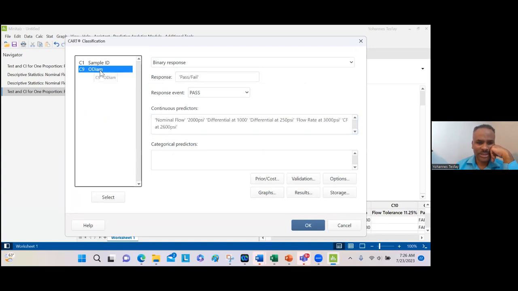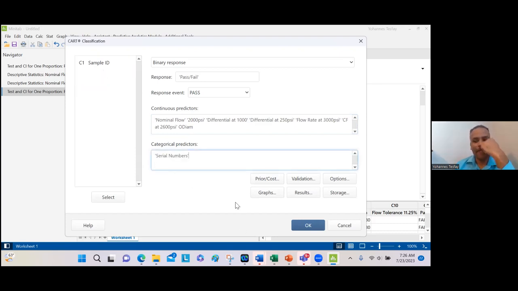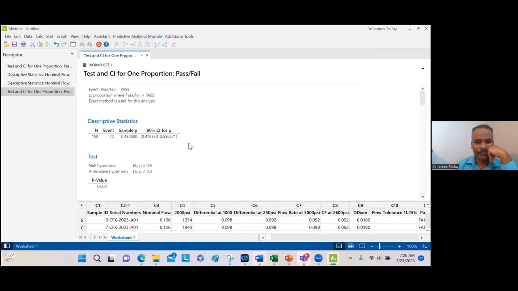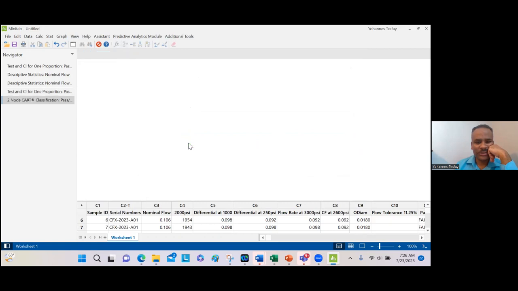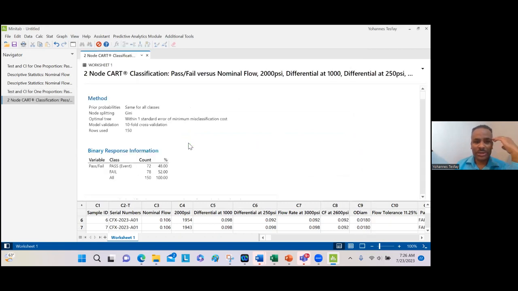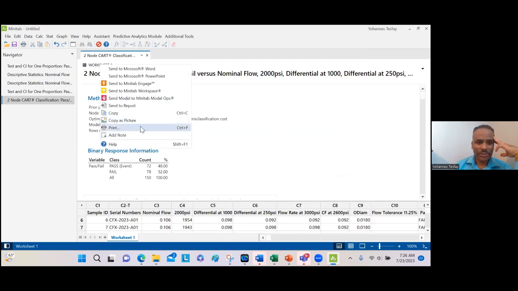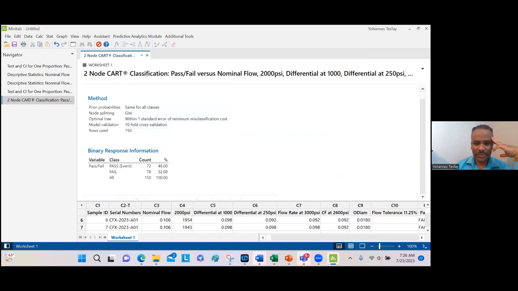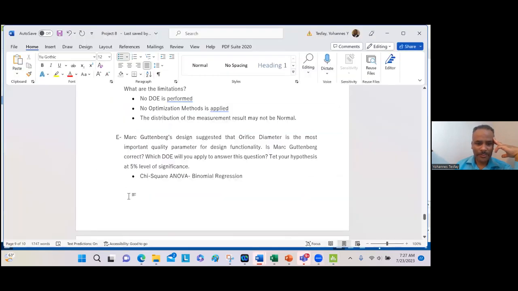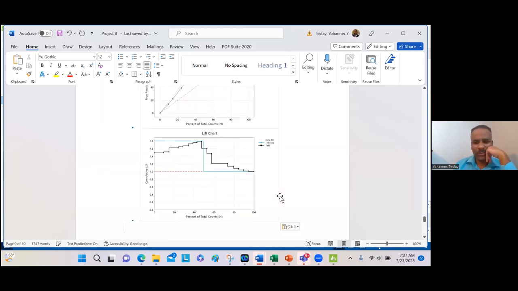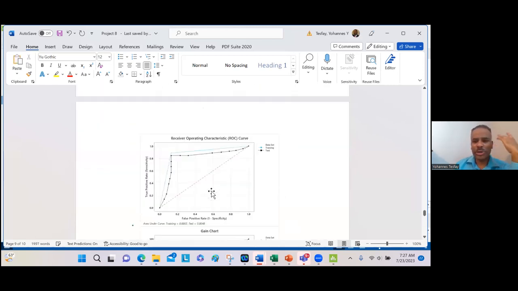All these are continuous, and serial number is categorical. Okay, it's processing, let us see. Then you refine it and paste it here. Not everything from this is reported.